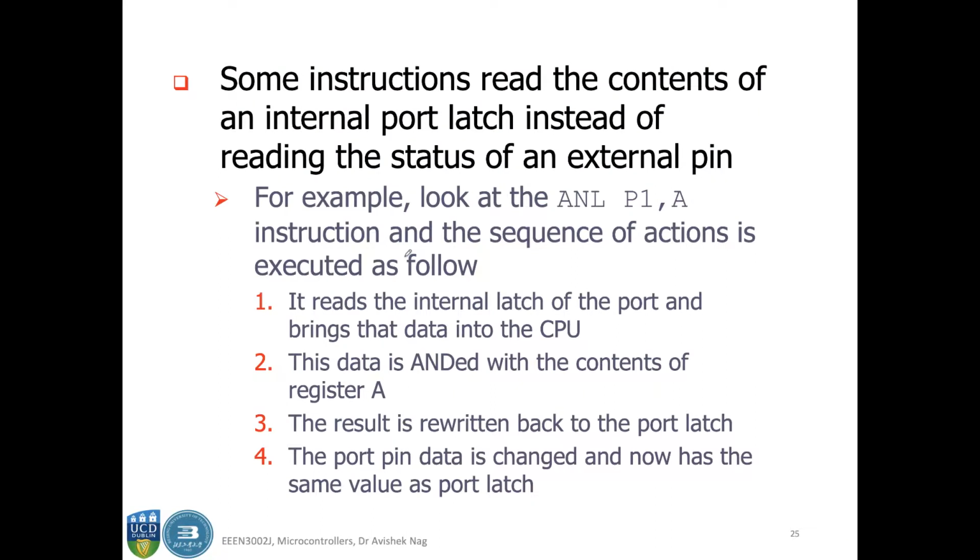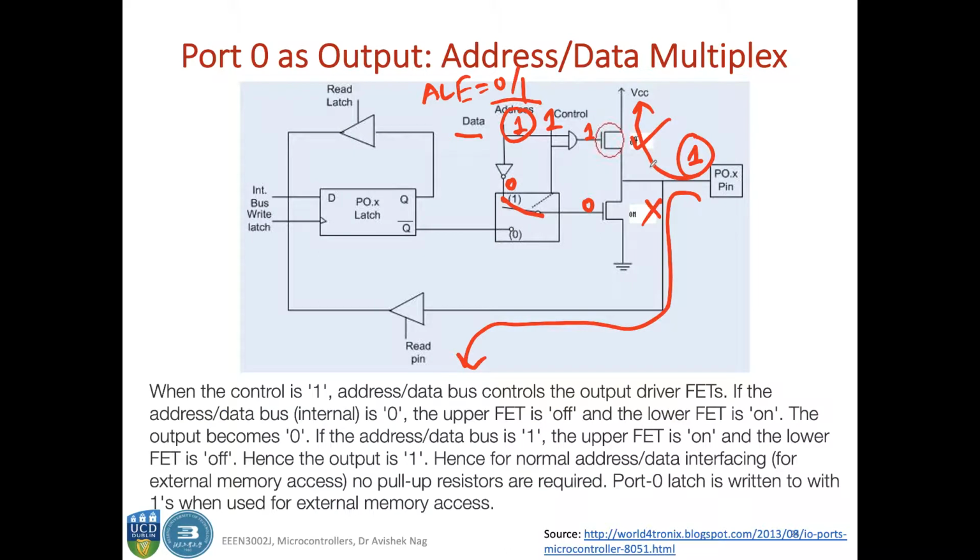So when it comes to the ports, some instructions can be read from the contents of the internal port latch instead of reading the status of the external pin. So some instructions can be read directly from here instead of here.